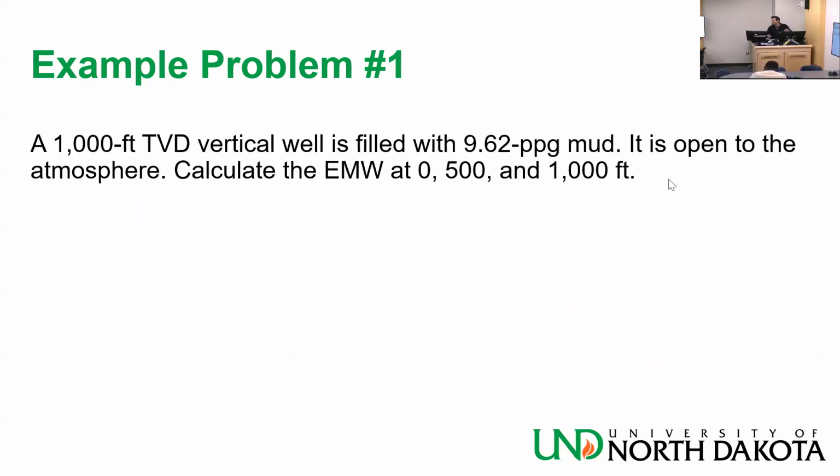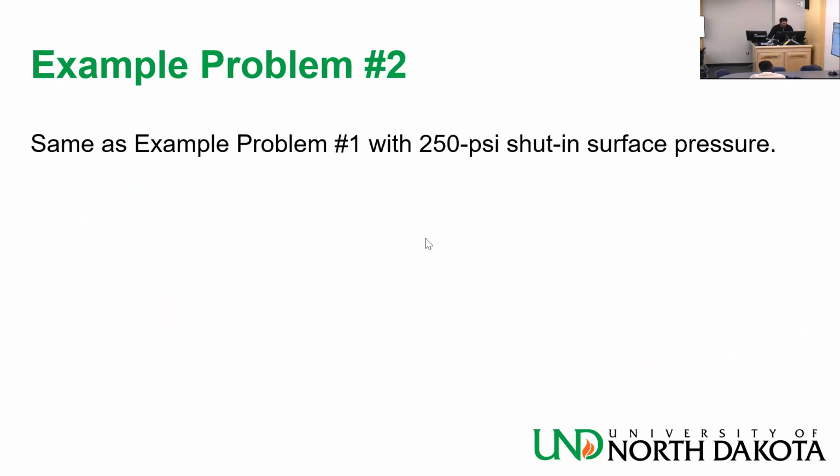Anyway, but you understand it's going down, right? You started from infinity, you are going down. Okay. So before, I want to go back and say something. It's gonna make things clearer now. So the EMW, the higher it is, the easier it is to fracture the rock.